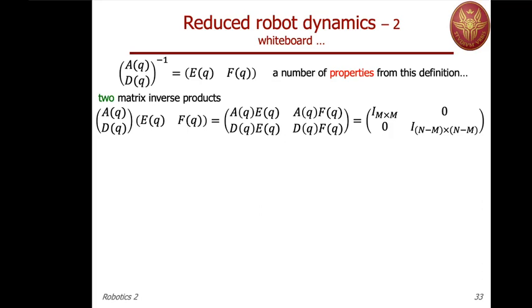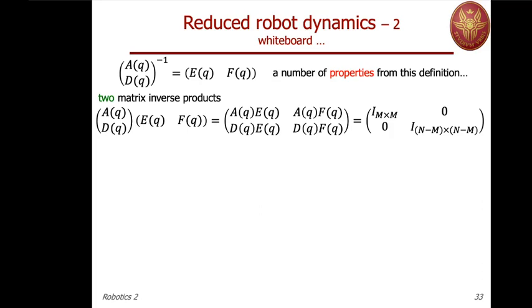But if we write down the block product in this matrix, we have the first set of rows of the first matrix, so A times the first set of columns, E, so we have AE, then the product with the second set of columns, AF, and on the second set of rows, we have the product of the second block of rows, D, times the first block of columns, E, and then the second block of columns, so we have DE and DF.